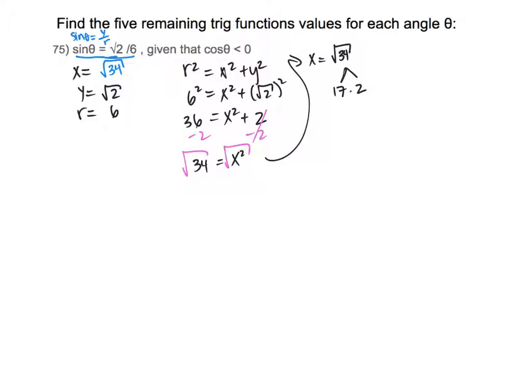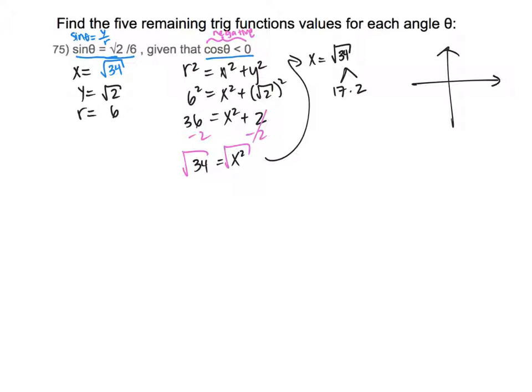The next thing you want to do is consider what quadrant you're in. So let's take a look at this quadrant here. It says that in this case, it needs to satisfy that cosine is less than 0. Now we learned before that if something is less than 0, it's referring that it's a negative value. So it wants to know when cosine is less than 0.